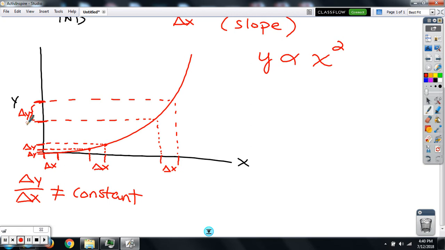So what we can tell by this relationship is not only that delta y over delta x is not constant, it's increasing.